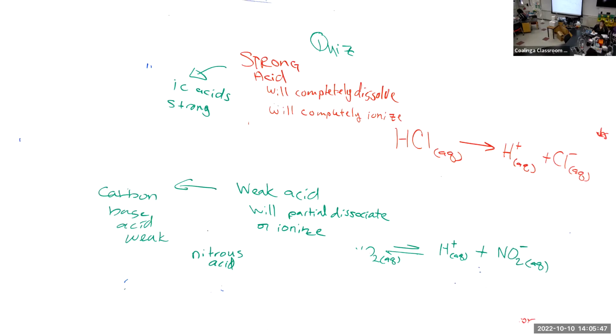So, for instance, phosphoric acid. Is that going to be a weak acid, or a strong acid? Acetic acid. Okay, it has ic in it, but is it a carbon-based acid? What is acetate? It looks like your polyatomic ion table. It has carbon in it, so it's going to be a weak acid.